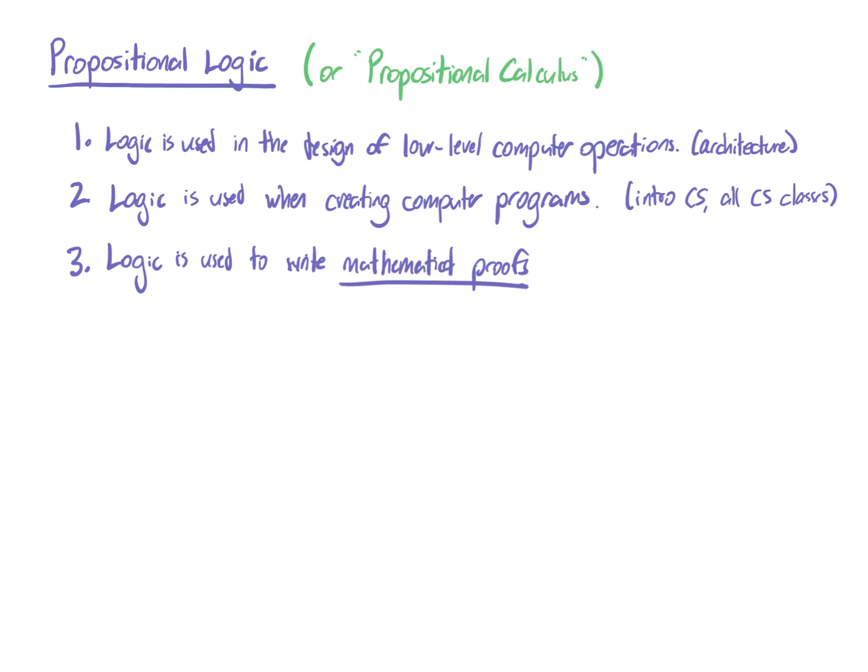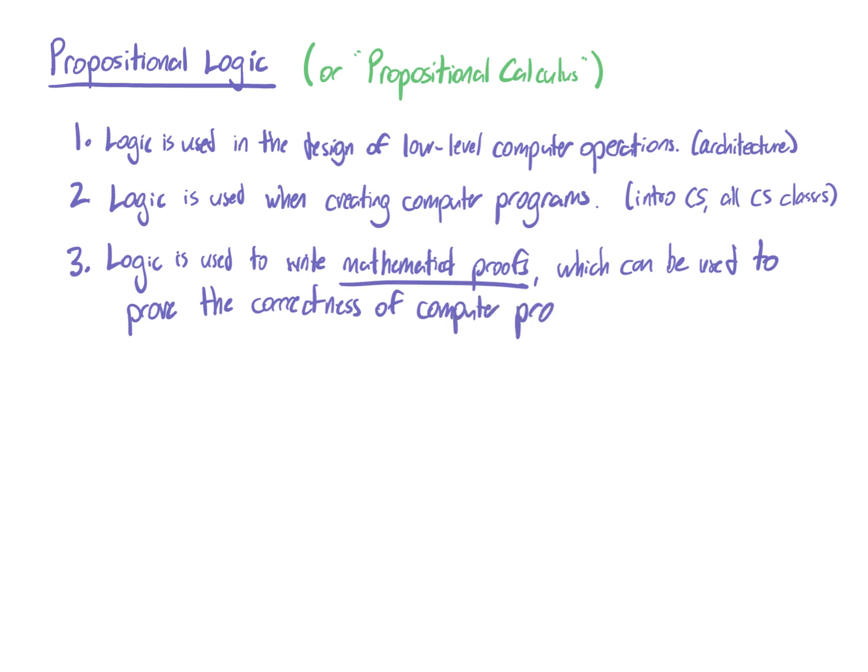So, why do we care about mathematical proofs? Especially as applied computer scientists, we care about mathematical proofs because mathematical proof-writing techniques can be used to prove the correctness of computer programs.